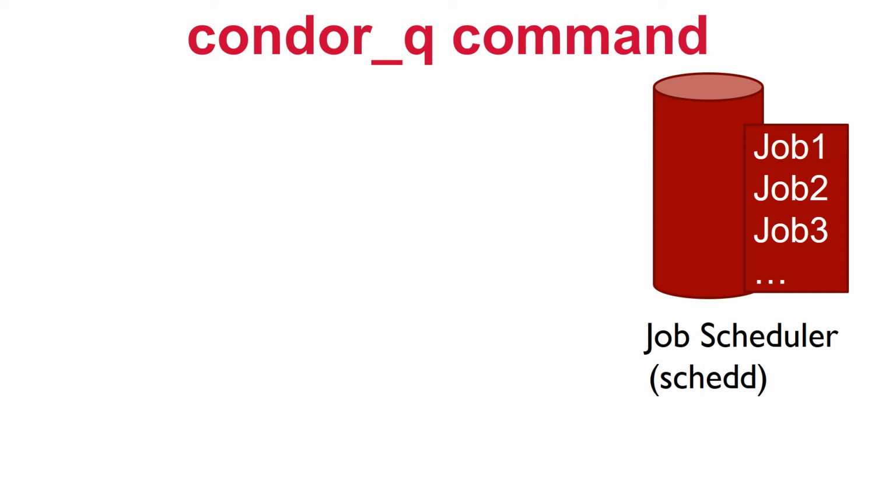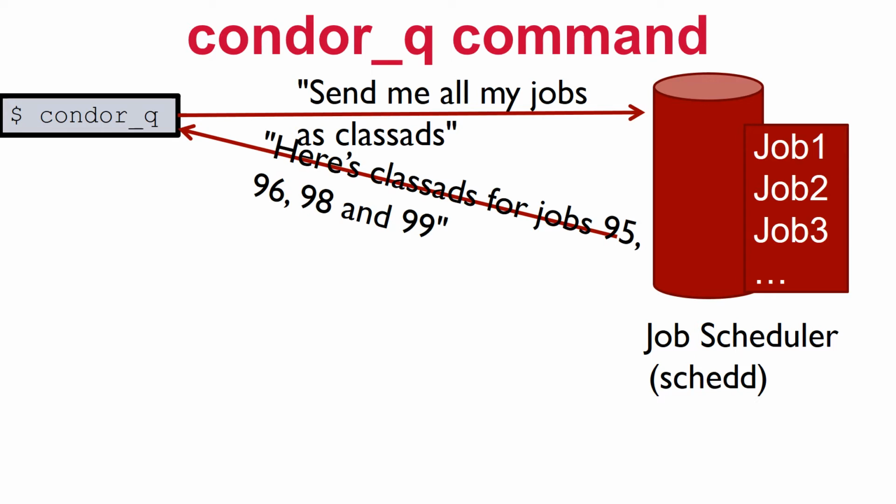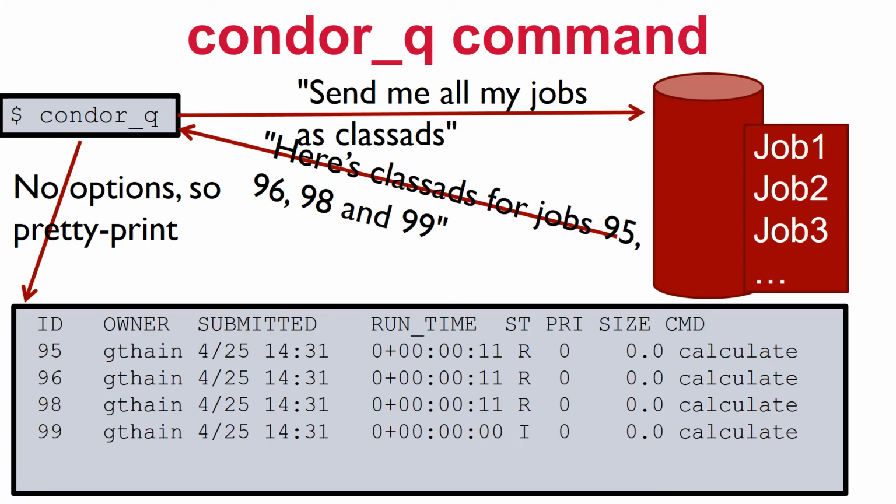When you run condor_q, it asks the schedd for all the ads for that user. And the schedd responds and sends the ClassAds, one ClassAd per job, containing information about the jobs back to condor_q. When condor_q gets the ads, it then decides how to print them. In the default case, if you pass it no command line options, it prints one job per line with just those 8 attributes per job.